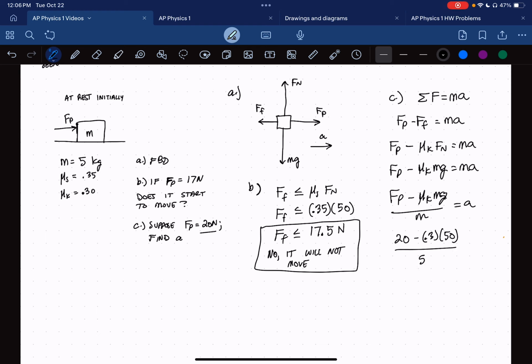And m is 5. That's 20 minus 15, which is 5 over 5. That's 1 meters per second squared is the acceleration.